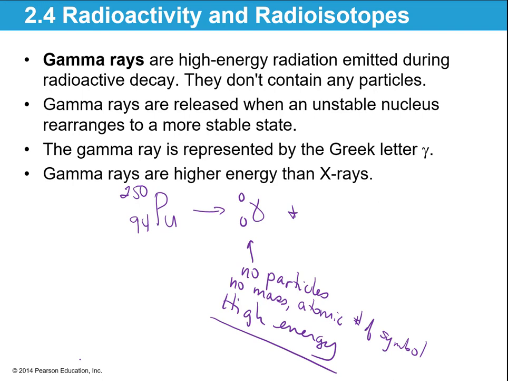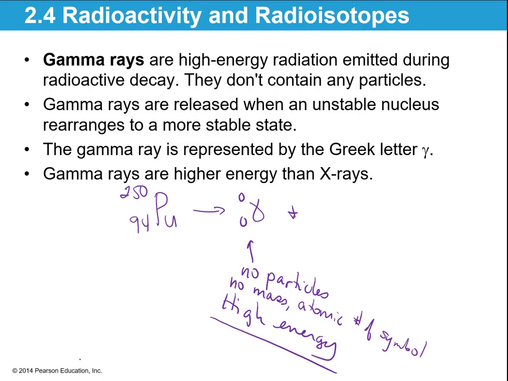So when you have extra neutrons, that cramps everything. And so they're trying to fit as close together as possible in that really dense nucleus. When they shift like this, energy is released. That energy is gamma decay. So no particles, no mass, no change in atomic number, just energy.